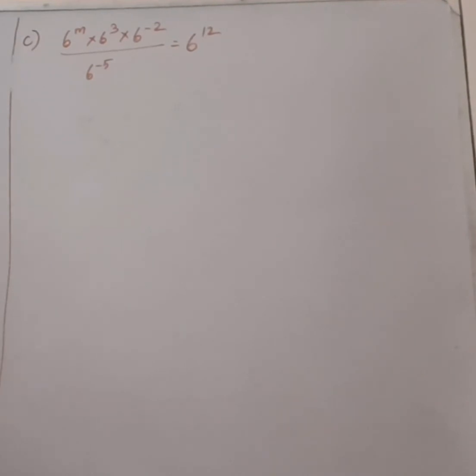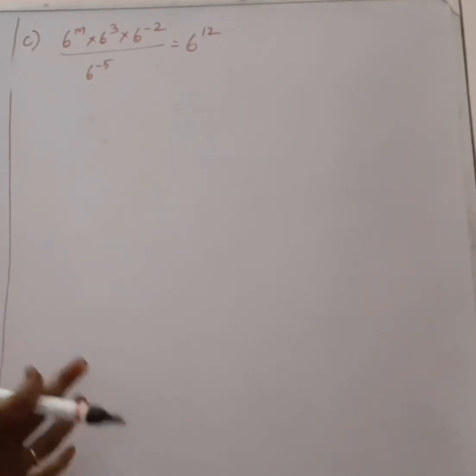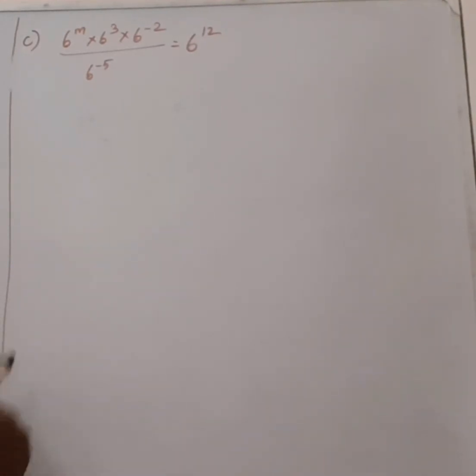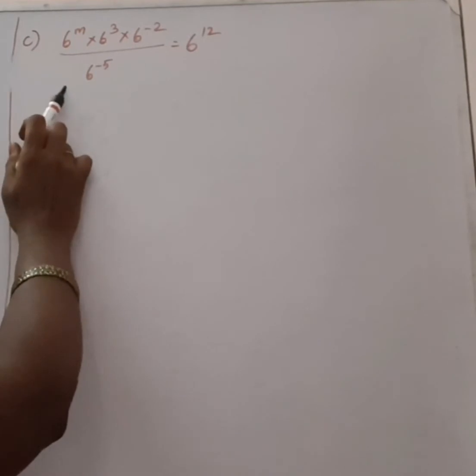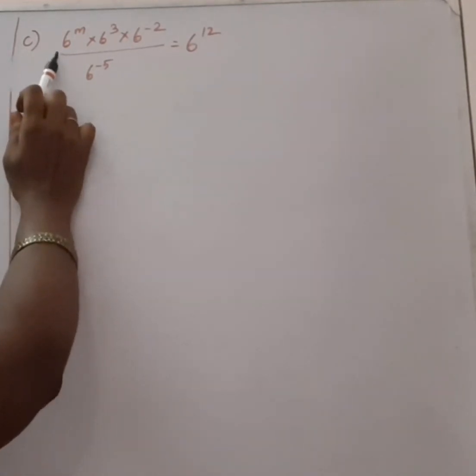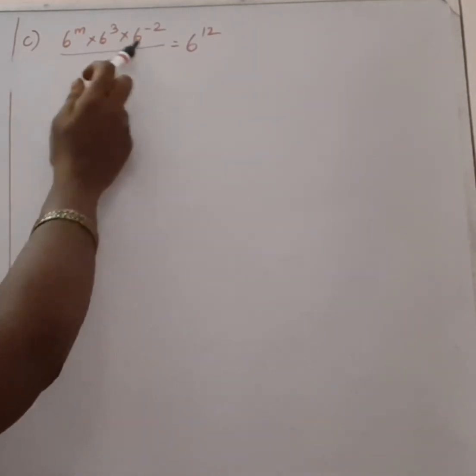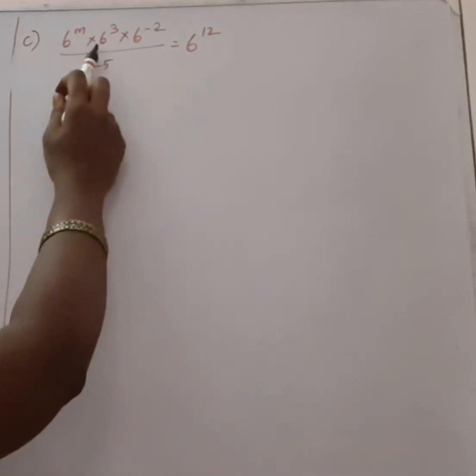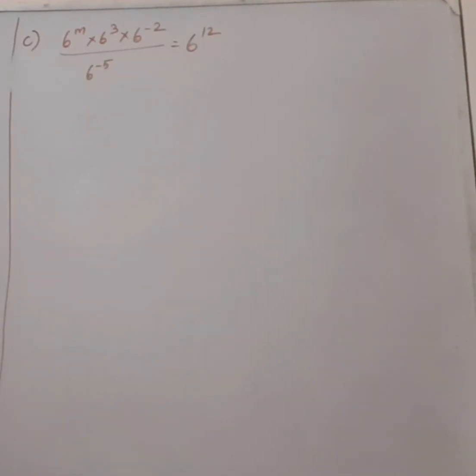Okay, in the RHS we have only one exponent term, but in the LHS we have a numerator and denominator. In the numerator, we have 3 terms. All the 3 terms are in multiplication, so that means we want to add all the powers.